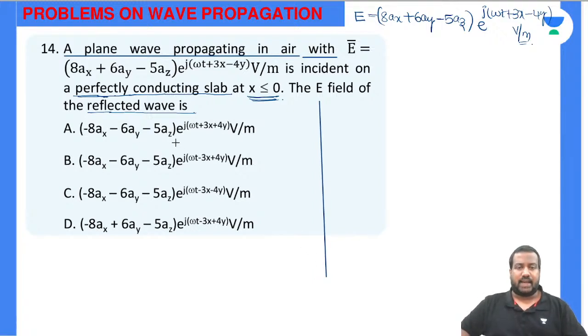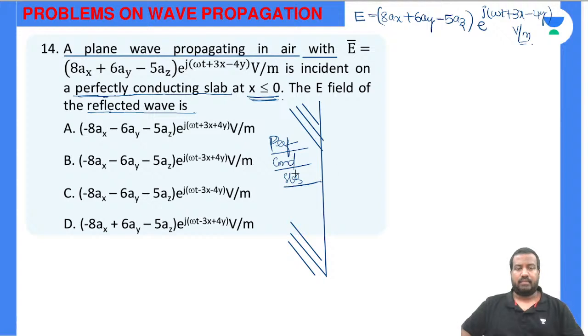The perfect conducting slab is at x is 0, and this slab is at x less than or equal to 0 positioning. A plane wave in air with the electric field given is incident on this slab.